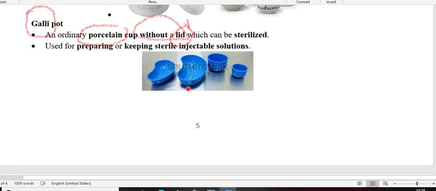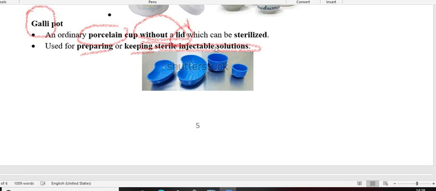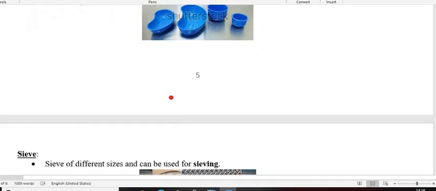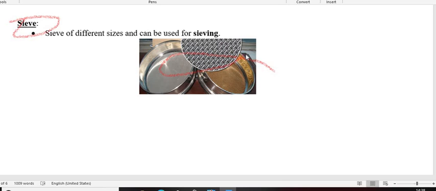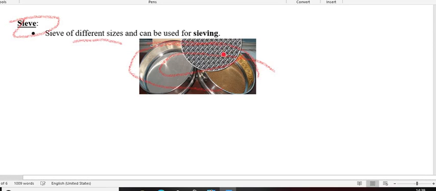The gallipot is used for preparing or keeping sterile injectable solution. The last one under this is the sieve. A sieve is simply used for the sieving process, made up of a net and of different sizes, and used for sieving the drug. And this is all about your class today in practical.